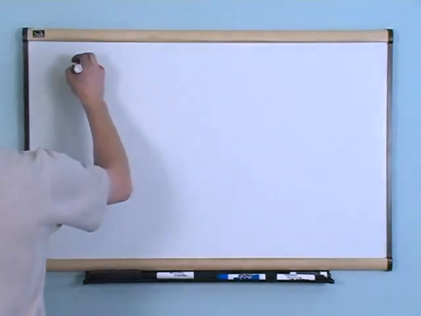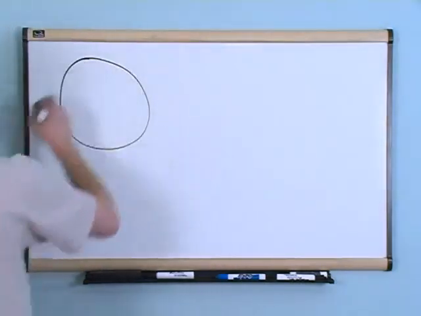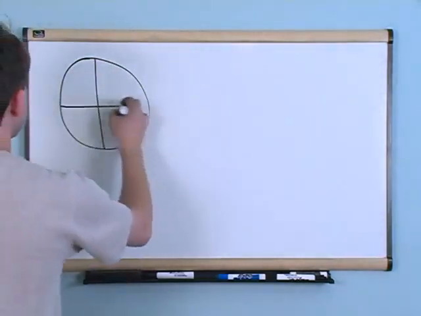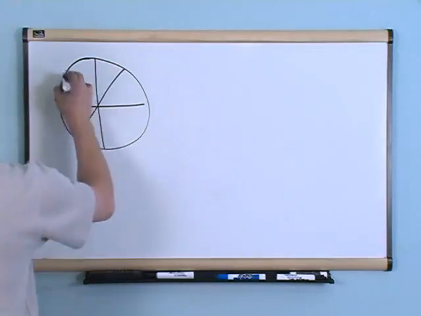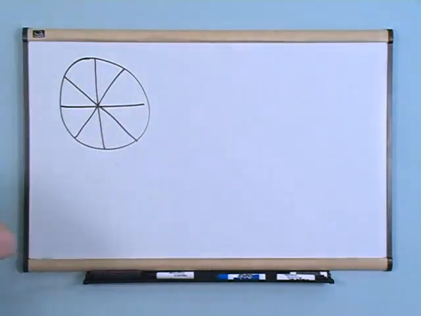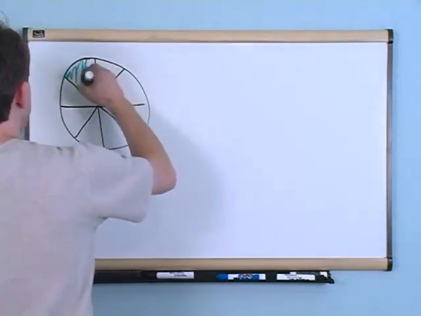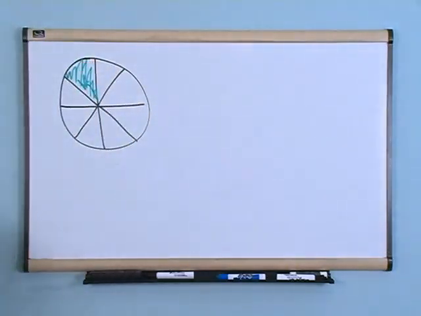Let's take another example. Let's say you have a pie. I'm going to divide it into 8 pieces, like this. And I'm going to take away, because I'm kind of hungry, 1 piece. How would you write that fraction? Okay.